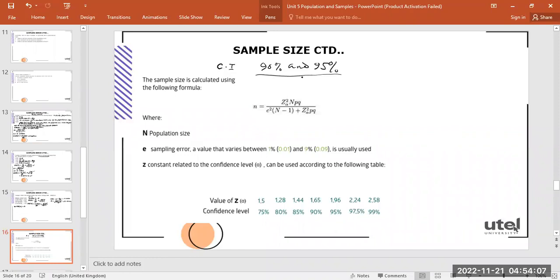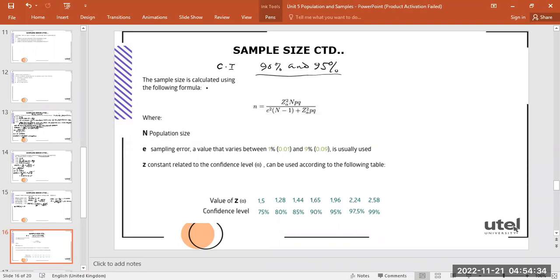So if you are given a statistical value with a confidence interval of 90, what it simply means is that I am 90% confident that if I carried out that particular experiment 100 times, 90% of the time I'm going to get the same set of results.